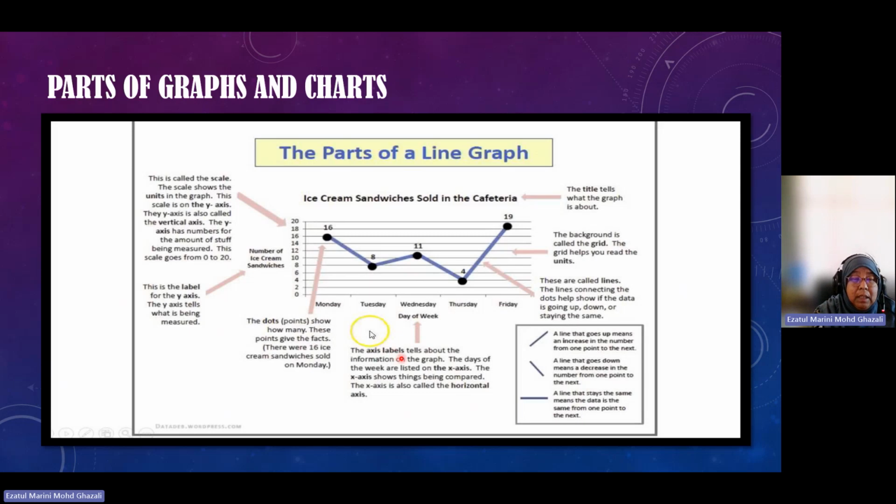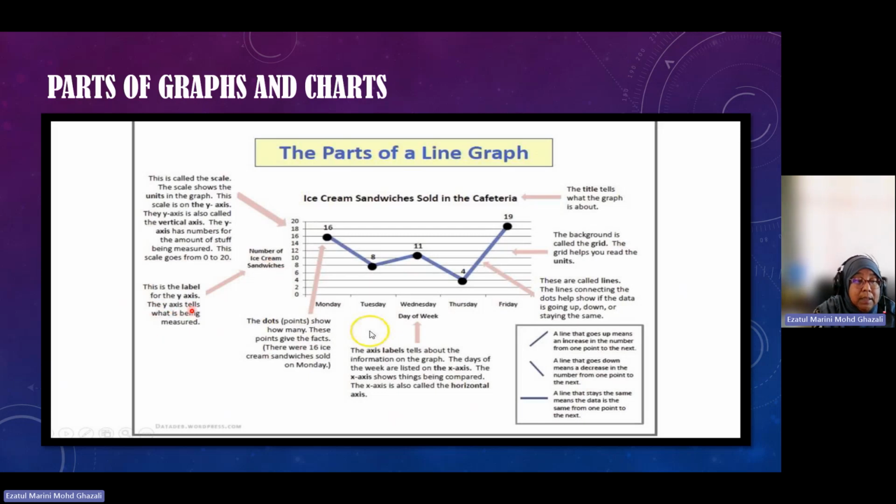The function of axis labels is to tell you about the information on the graph. Okay, the days of the week are listed on the x-axis, and then the x-axis shows things being compared. How many days are compared? And it is also called the horizontal axis. Sorry. And here, this is the label for the y-axis, number of ice cream.